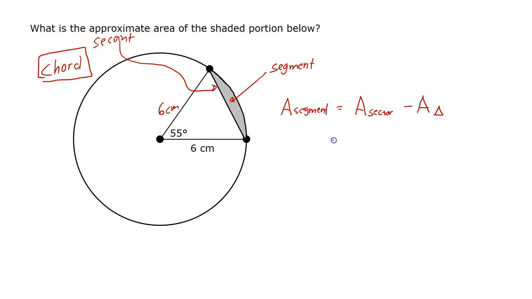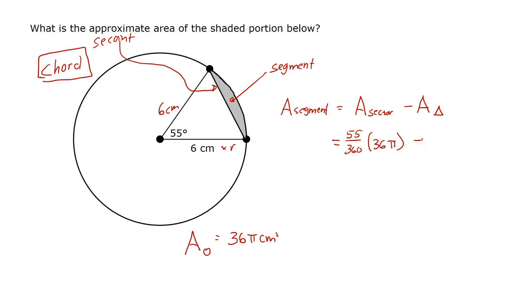Because the area of the sector, knowing that this is the radius, I know that the area of the circle is 36 pi centimeters squared. So for this, the area of the sector is going to be 55 over 360 times that 36 pi.